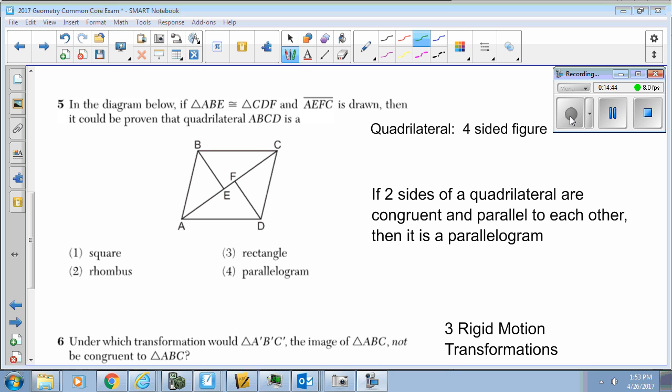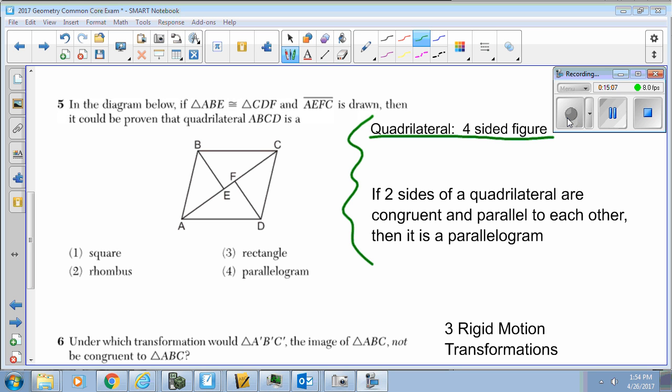Now, let's go back through this problem. First of all, you're going to have to write this stuff down. Okay, a quadrilateral is a 4-sided figure. Also, if 2 sides of a quadrilateral are congruent and parallel to each other, then it is a parallelogram. Okay? So keep that in mind. So take a second and write that down.